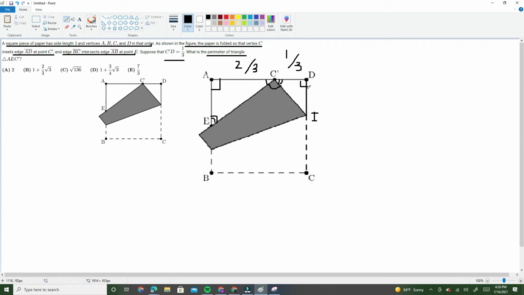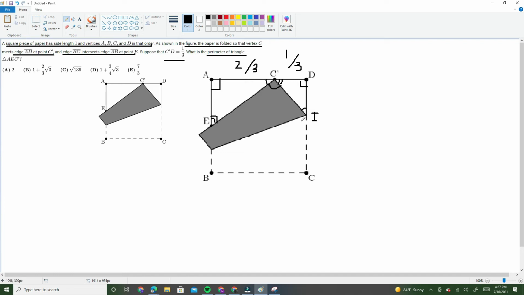We already have 90 degrees being used up in angle C'DI. So the other two angles in that triangle, DC'I and C'ID, have to add up to 90 degrees as well, meaning that they're complementary. Using the same logic, complements of the same angle are congruent. We can see that angle C'ID is congruent to angle AC'E.